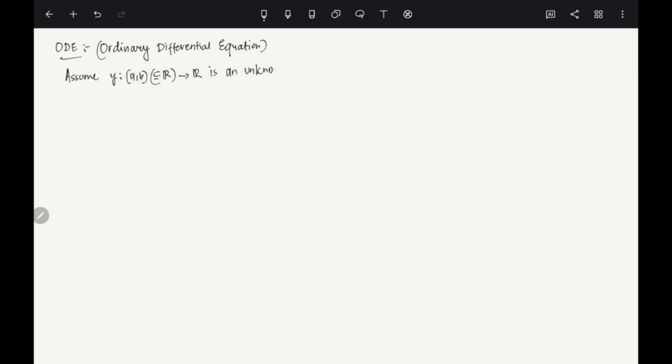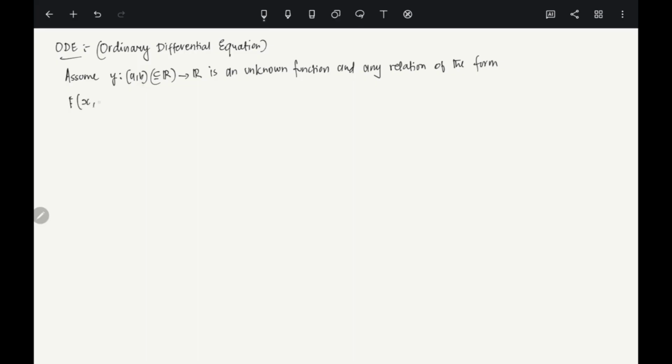Essentially we are going to build a new kind of function using this unknown function, and any relation of the form capital F of, first of all it will depend on x from AB.